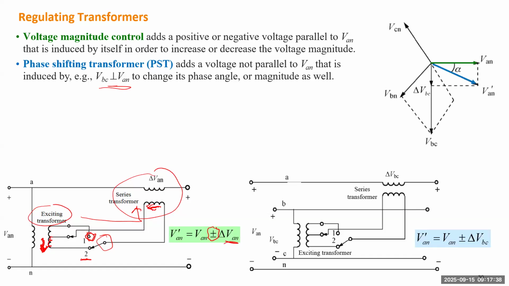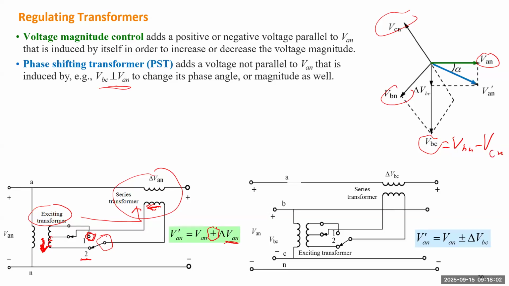Because from the phasor diagram, this is phase A, phase B, and phase C. The voltage between B and C will be a phasor, because we calculate VBC as equal to VBN minus VCN, right?